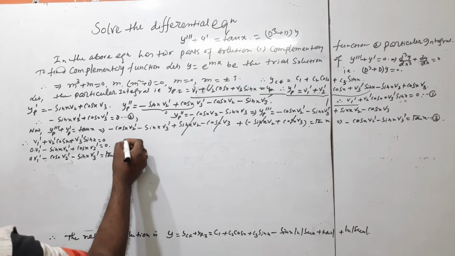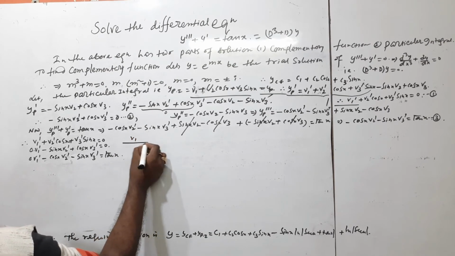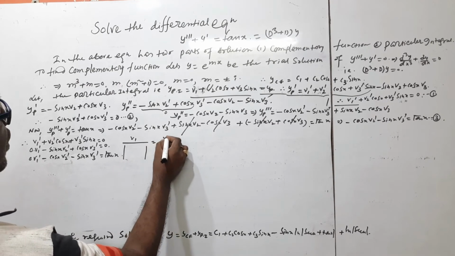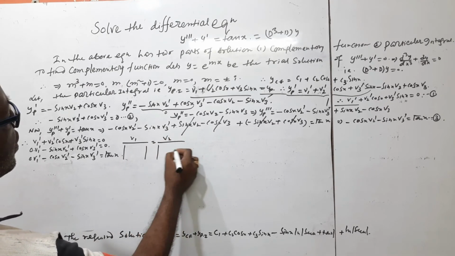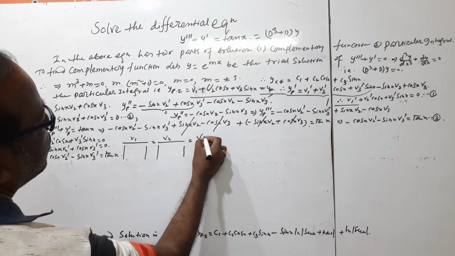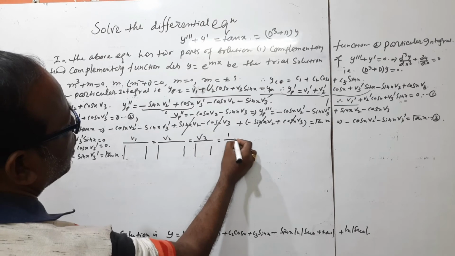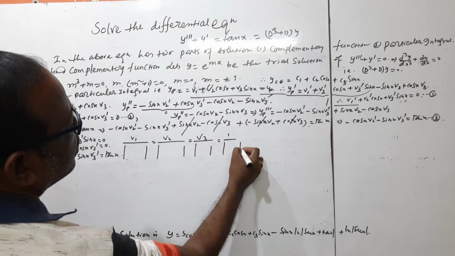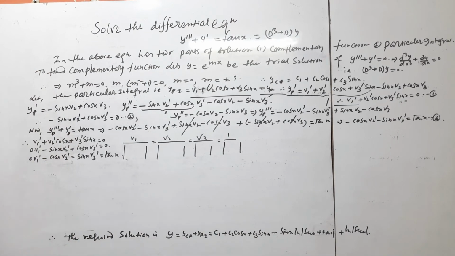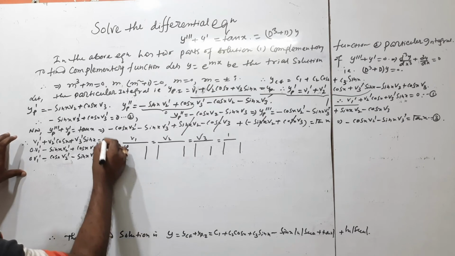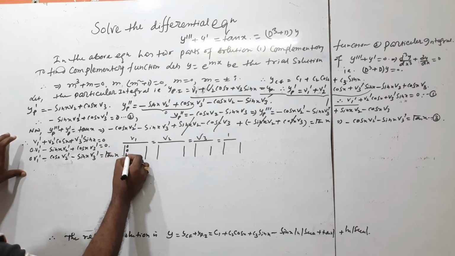So it would be here v1' over something, okay, and v2' over something, and v3' over something, and this is 1 by something. Now see, for the v1 coefficient, look here, in that we use the coefficient as 0, 0. On the right hand side, this is tan x.